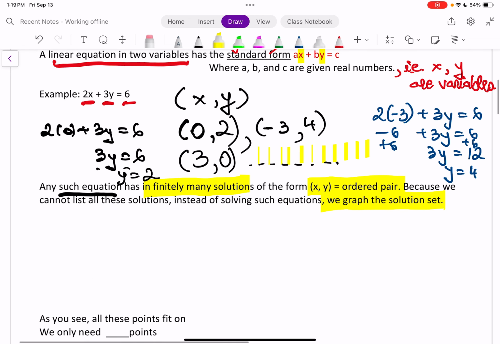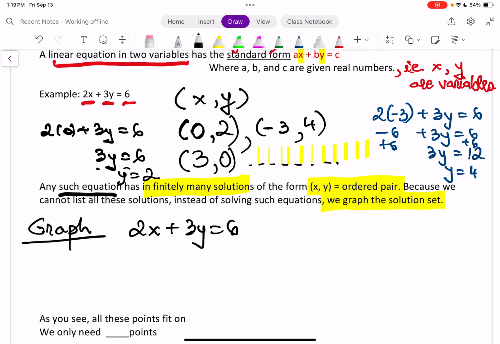So let's graph the solution set for the problem above. Okay. And we graph the solution set on our rectangular coordinate system, also called Cartesian coordinate system, also called the XY plane.